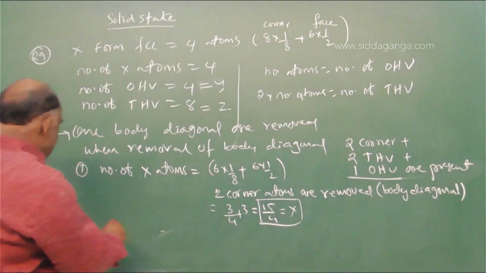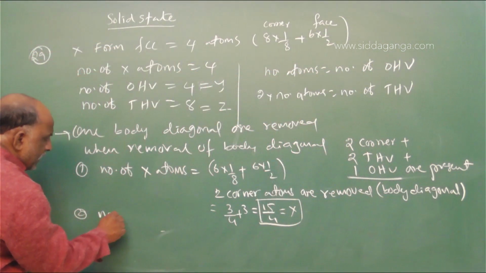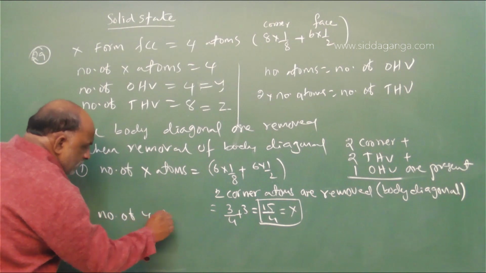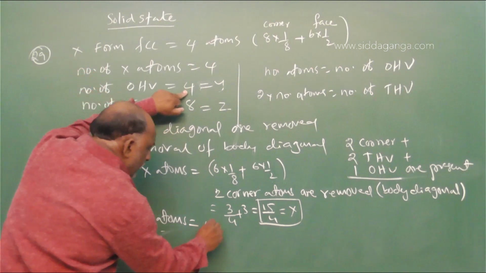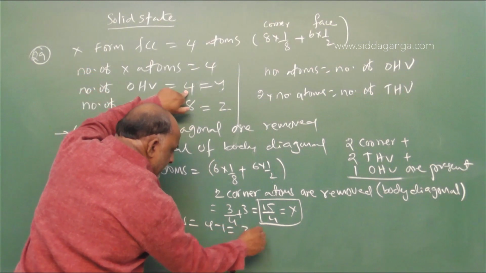And the second one is the number of Y atoms. Already the number of Y atoms is 4. 4 minus 1 is equal to 3.